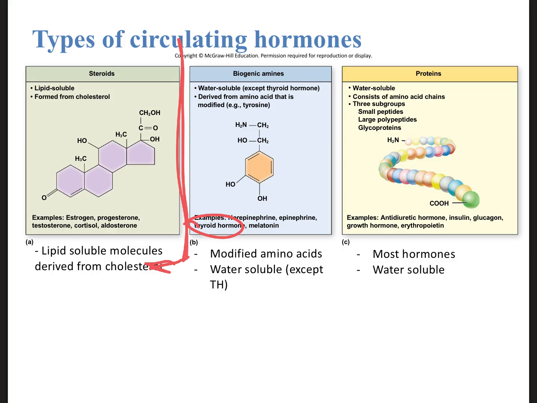Does that make sense? So these water-soluble molecules do not pass the membrane. Where must the receptor for these hormones be located? Inside the cell or facing outside the cell?